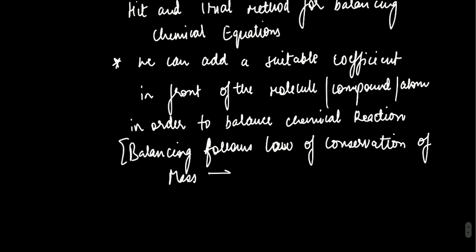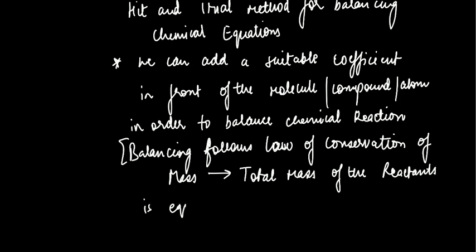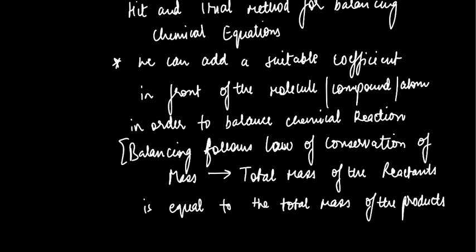So it states the total mass of the reactants is equal to the total mass of the products. So mass can neither be created nor be destroyed. That's the statement for the law of conservation of mass.